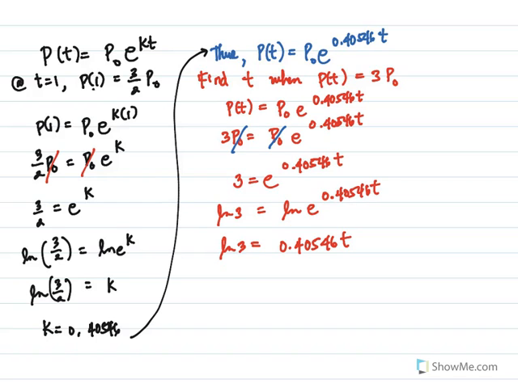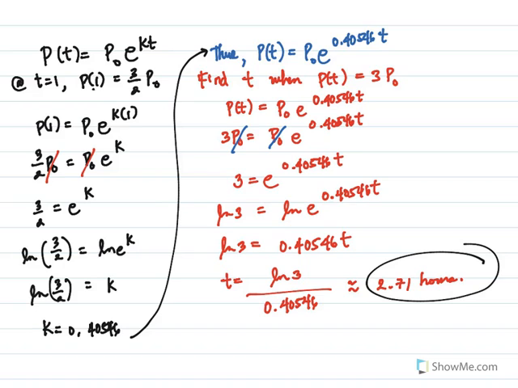Solving for t, we get t equals ln 3 all over 0.40546, which is approximately equal to 2.71 hours. So, the number of bacteria in the culture will triple relative to the original amount within 2.71 hours.